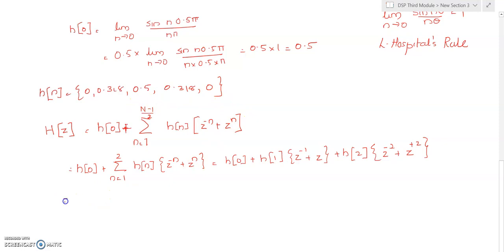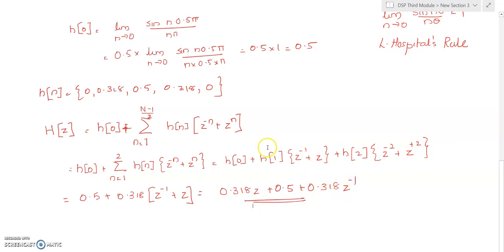So eventually our final equation will be like 0.5 plus h of 1 is 0.318, z raised to minus 1 plus z. So our final transfer function will be 0.318z plus 0.5 plus 0.318 z raised to minus 1.